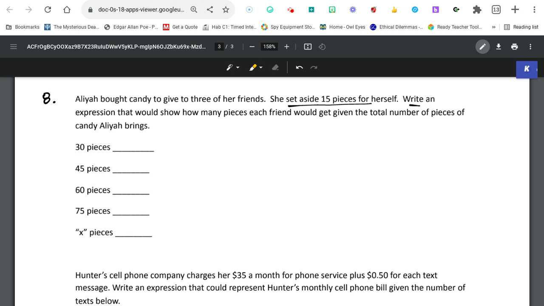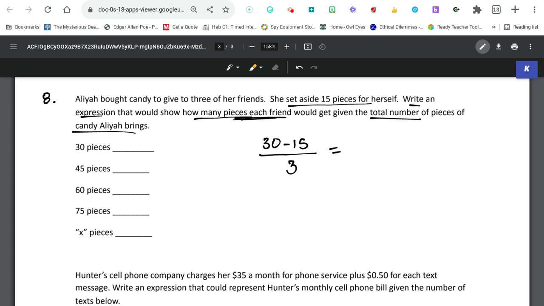Write an expression that will show how many pieces each friend gets, given the total number of pieces that Aaliyah brings. So I know if she brings 30 pieces, first of all, she's going to take 15 out for herself.